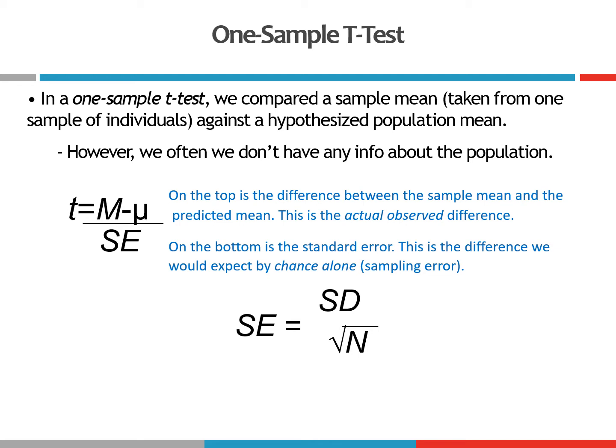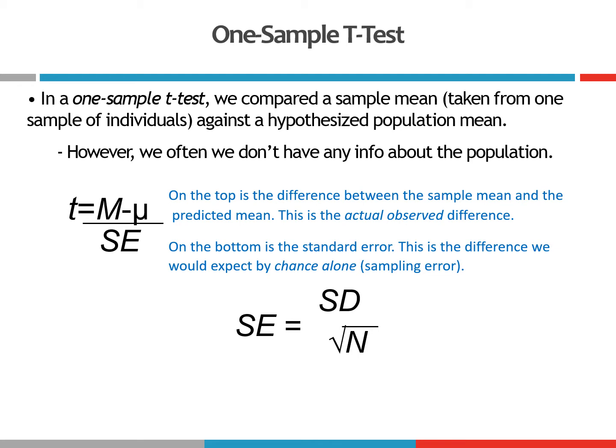So it's the difference we would expect, even if there was no true difference between the sample mean and the population mean, right? So the standard error represents the difference we would expect by random chance alone, right? So if it just so happened that something random about our sample caused us to observe a difference, that would be standard error.